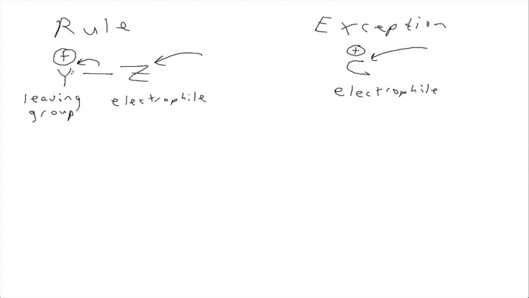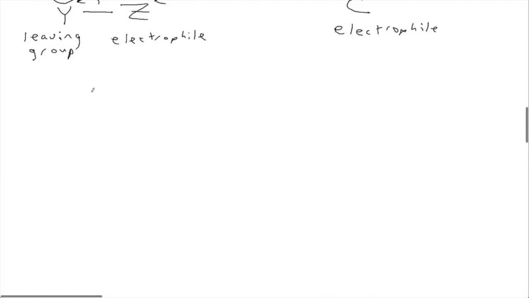Otherwise, atoms with positive charges are leaving groups. So notice the important thing here is, what element is this? Carbon. So this applies to carbons with positive charges, whereas this is pretty much anything but a carbon.